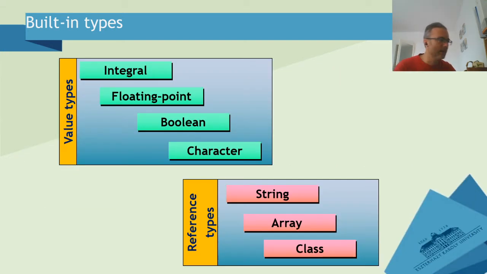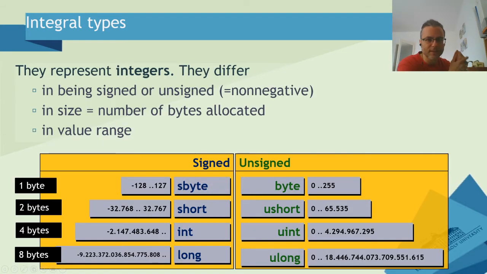Okay, so let's go deeper in this topic. We have two big classes of types. Now we are going to talk about the value types first, and most importantly about integral types. So these are the integral types in C#. You already know at least one of them, int.